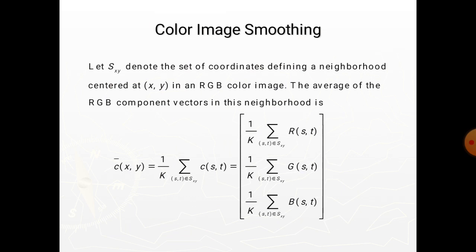It follows from the equation and properties of vector addition that C bar (x,y) is equal to 1 upon K, sum over (s,t) belonging to S_xy of R(s,t), G(s,t) and B(s,t). We recognize that the components of this vector are the scalar images that would be obtained by independently smoothing each plane of the starting RGB image using conventional grayscale neighborhood processing.